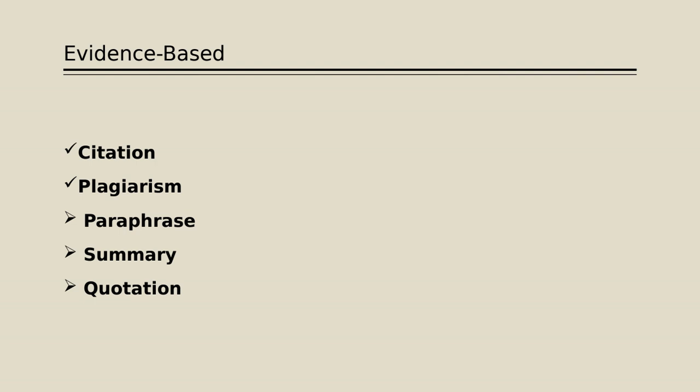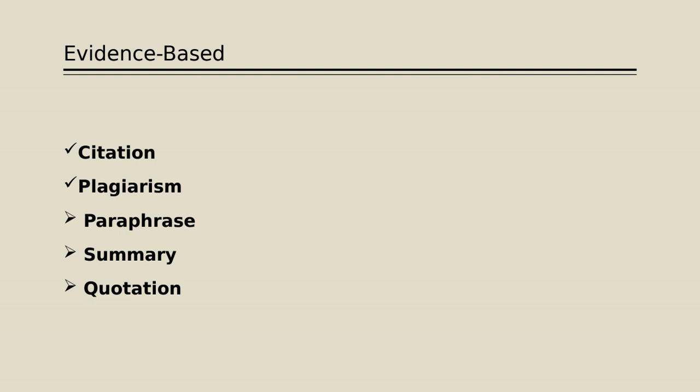So how would we avoid this? Paraphrase and cite. You do not paraphrase without citing. Summarize and cite. You do not make a summary without citing. And quote and cite. So citation is number one. You have to say where you got this information from.